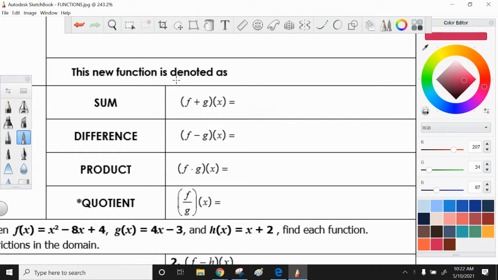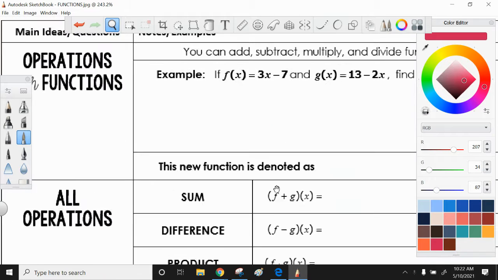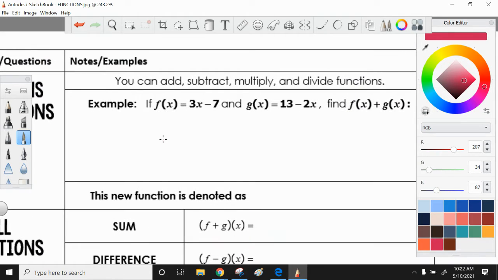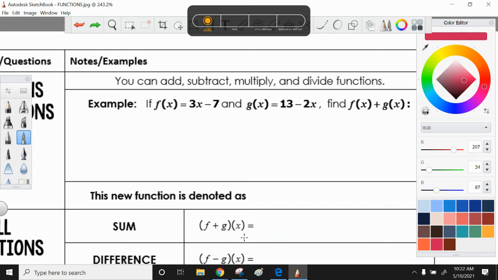Now, what we're going to put in these boxes, if you're taking notes at home: f plus g of x. One of the weirdest things we have to deal with in functions is a whole bunch of f of x stuff, g of x stuff. The number one thing is to not be bothered by this, because these are simply the name of the function.